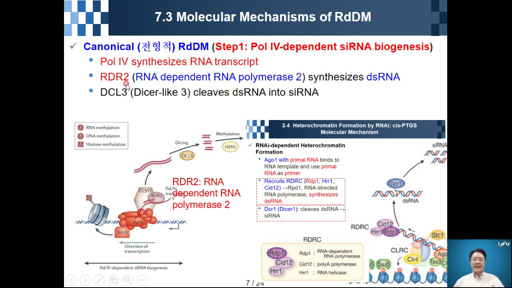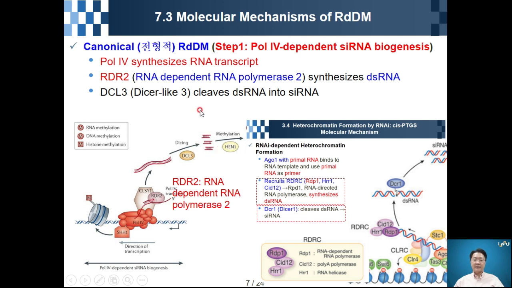After that, DCL3, whose full name is Dicer-like 3, cleaves the double-stranded RNA into siRNA, small interfering RNA.